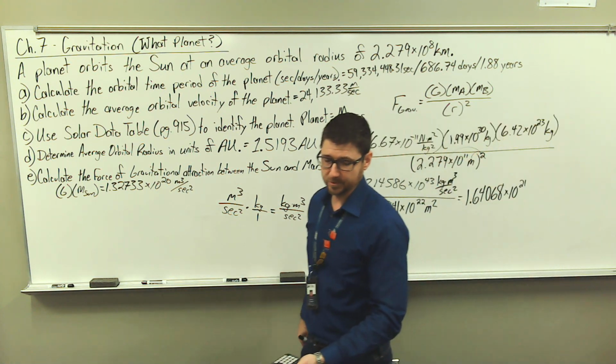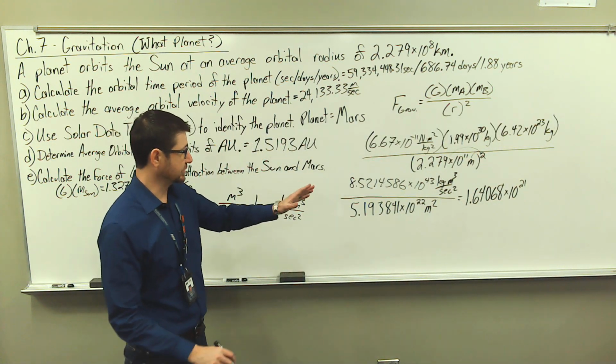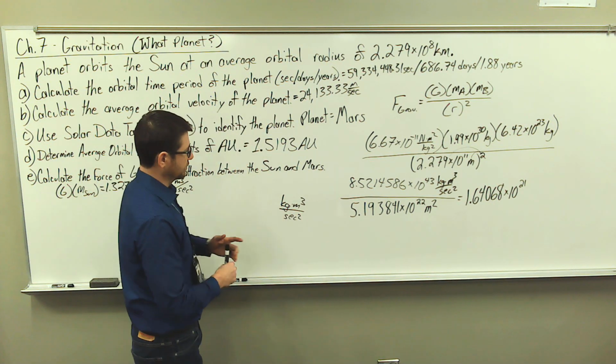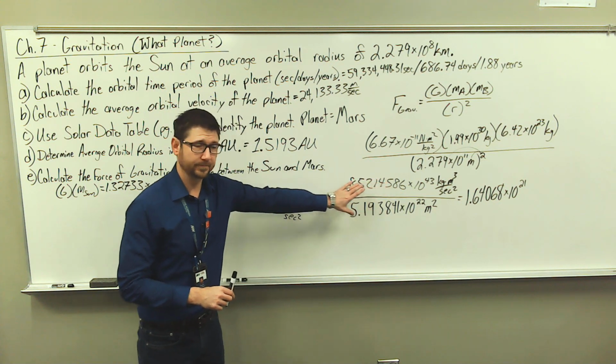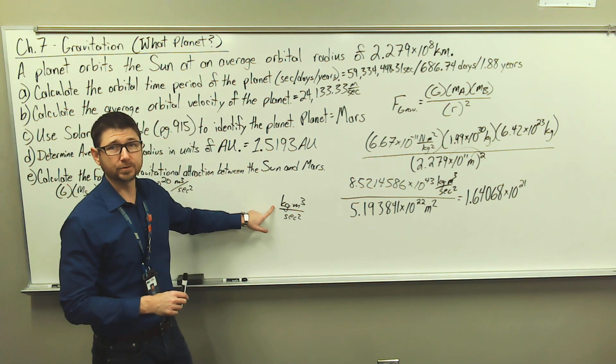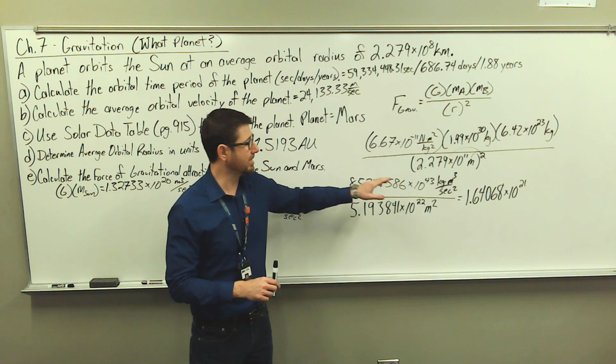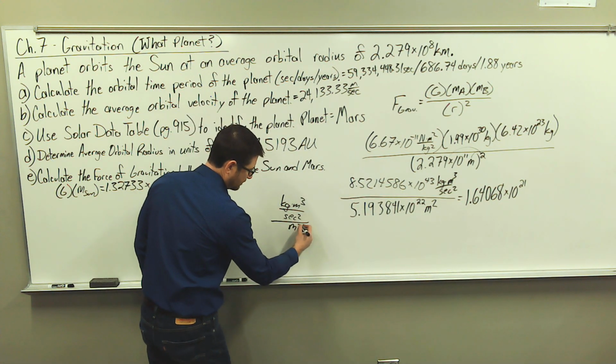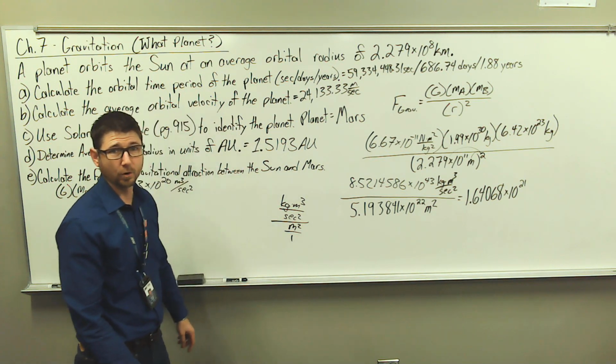But now what we need to do here is take a look at the units that we have going on, okay? So in my numerator here, I've got kilogram meter cubed per second squared. In my denominator, I have meters squared. And algebraically, we know that that is meters squared over 1.